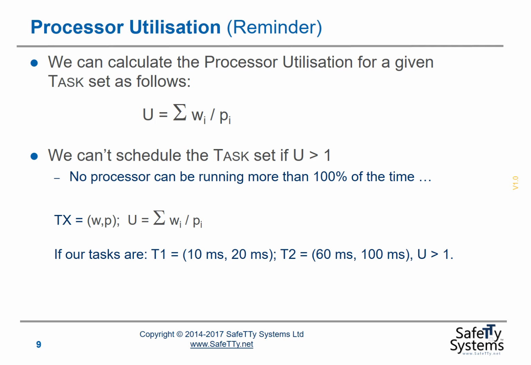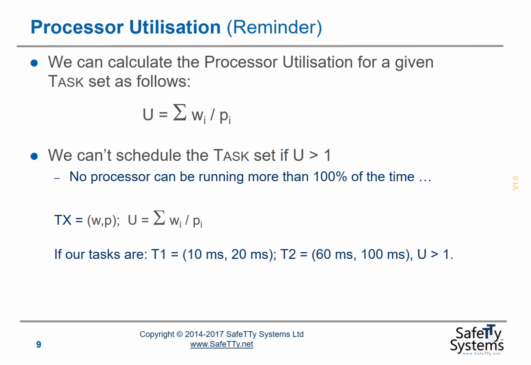We've seen the example at the bottom of this slide before. If we have just two tasks, task 1 and task 2, T1, T2, represented by their worst case execution time and their period. Task 1 has a worst case execution time of 10 milliseconds and a period of 20 milliseconds, so it contributes 50% to the CPU utilization.